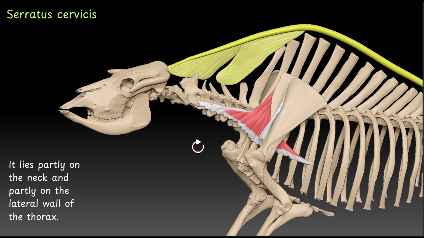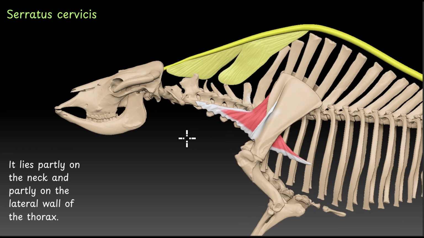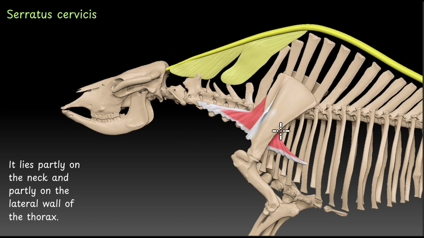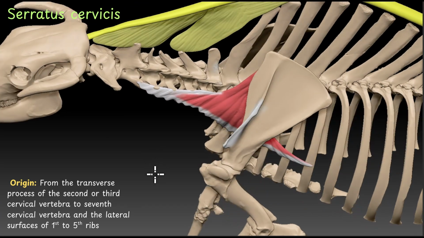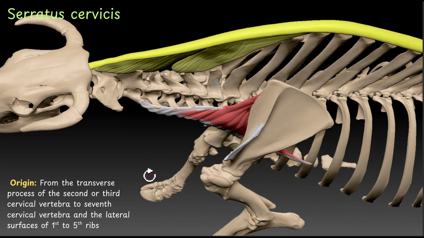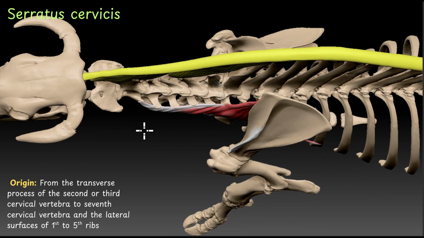The muscle is partly present in the cervical region, or neck region, and partly in the thoracic region. Origin of the muscle: you can see clearly here. The muscle originates from the transverse processes of the second cervical vertebra up to the transverse process of the seventh.